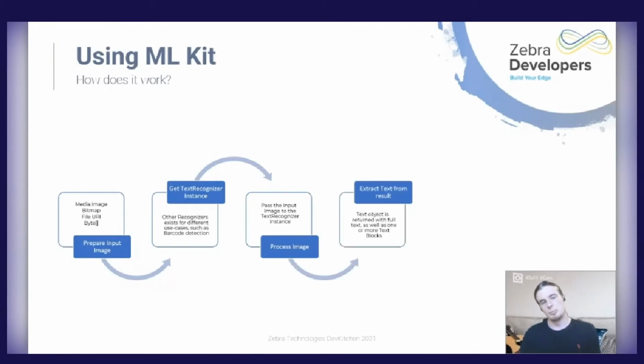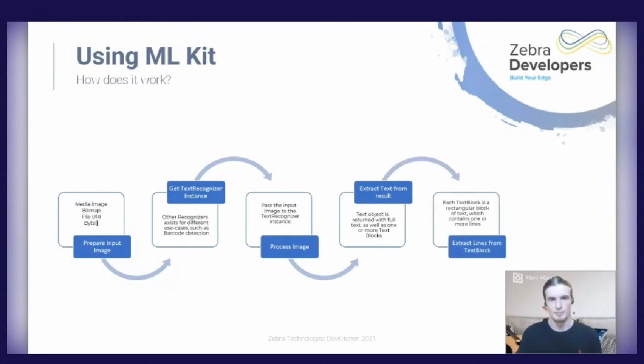Once that image has been processed, this will happen asynchronously, so you need to pass through an interface where you can get a callback to let you know that it's done. Once that's done, you'll be returned a text object, and that text object contains the full text as the result, which would just be one long string with your text result. It will also include what are called text blocks, one or more of them.